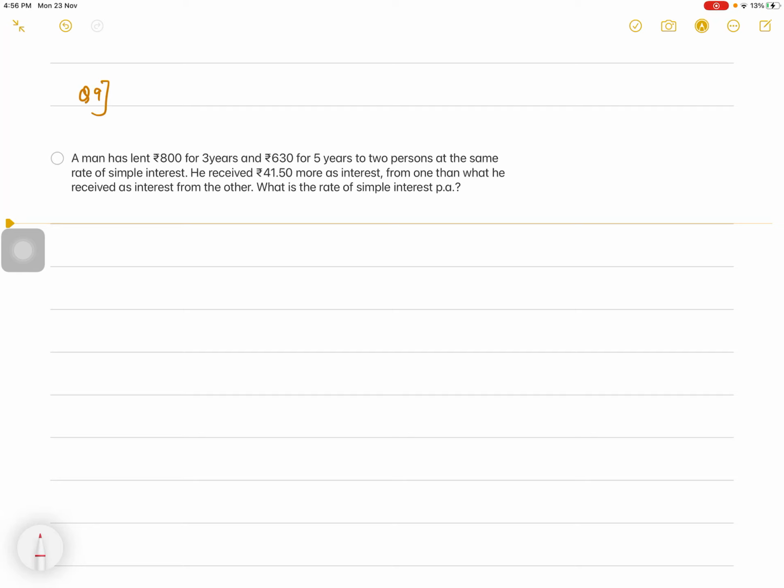Okay, so a man has lent rupees 800 for 3 years. So principal 1 is rupees 800, and N1 is 3 years, and 630 for 5 years.